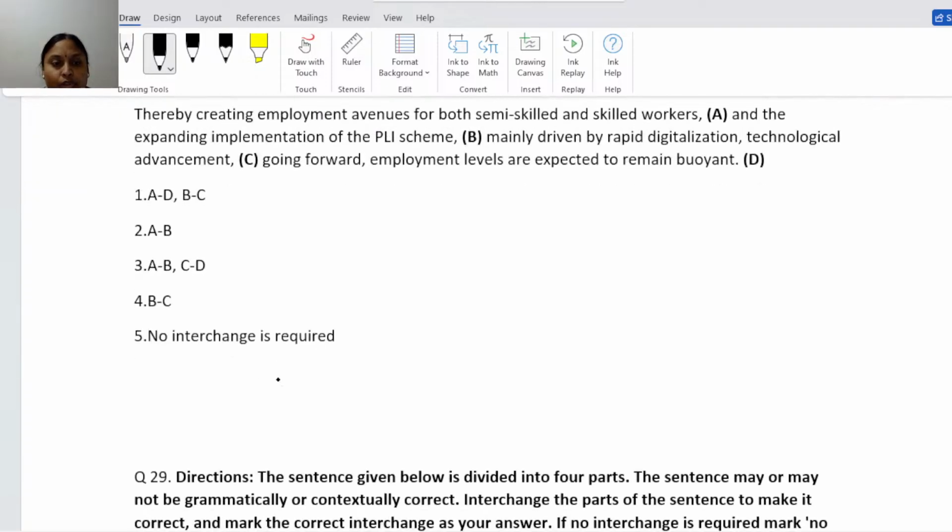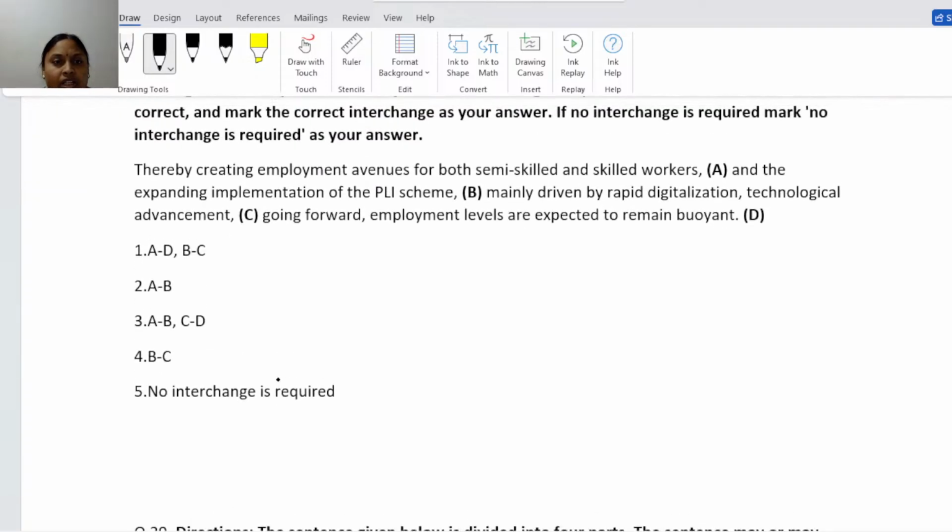So the 28th question. Thereby creating employment avenues for both semi-skilled and skilled workers, and expanding implementation of the policy scheme, and mainly driven by rapid digitalization, technological advancement.